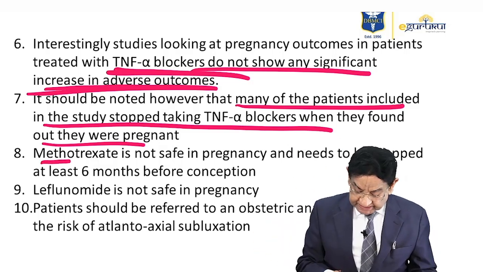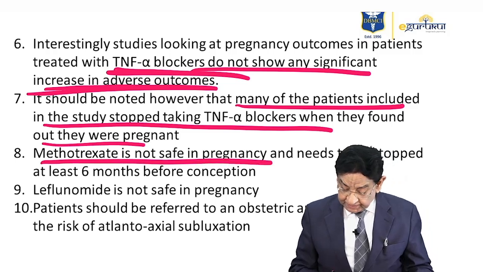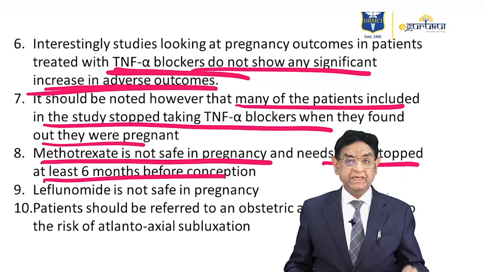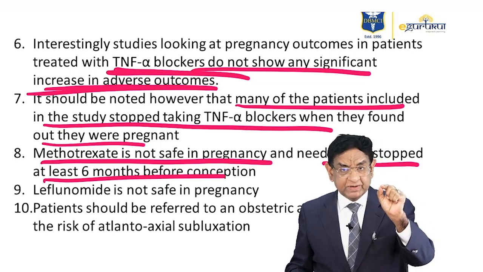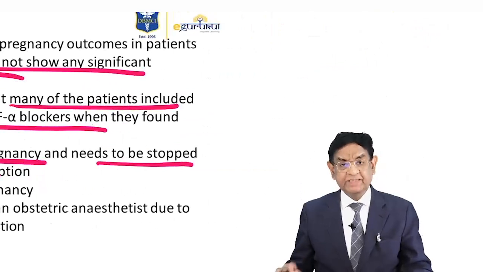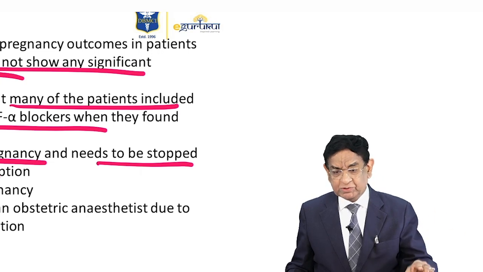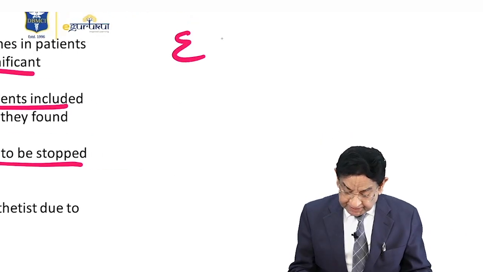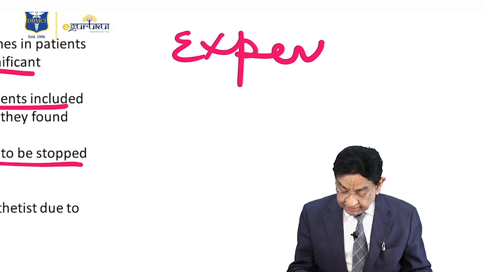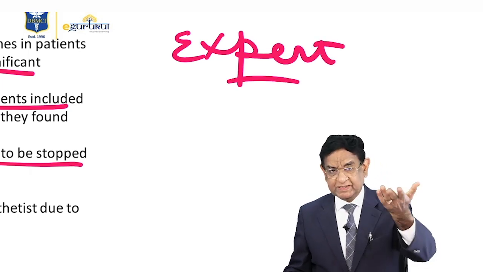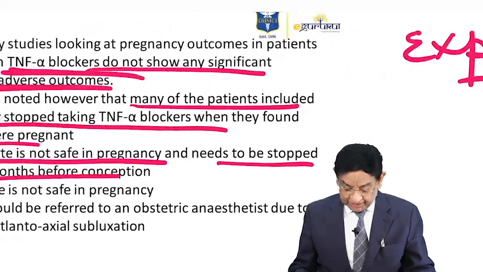Methotrexate is not safe in pregnancy, so it should be stopped 6 months before conception. That is what the NICE guidelines say. There is one lady, of course more common in ladies, who wants to conceive, so she must take an expert opinion before she plans to conceive. But as an expert, what would you advise?